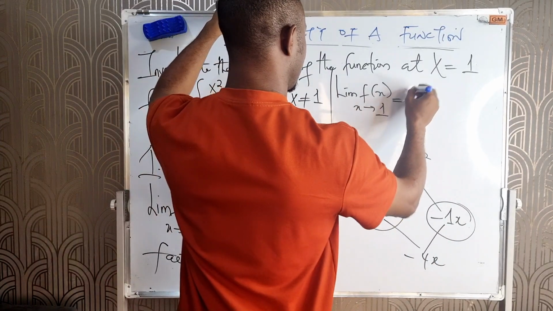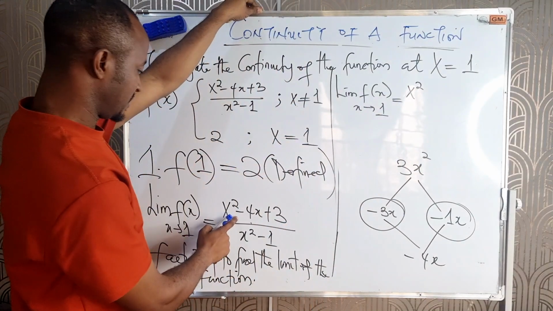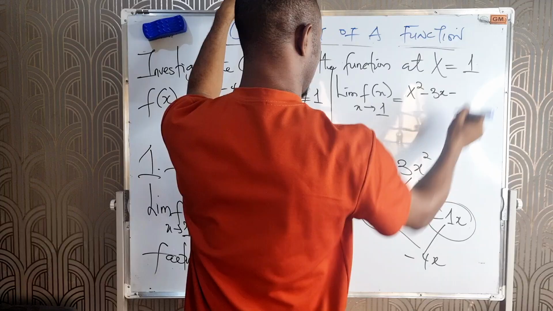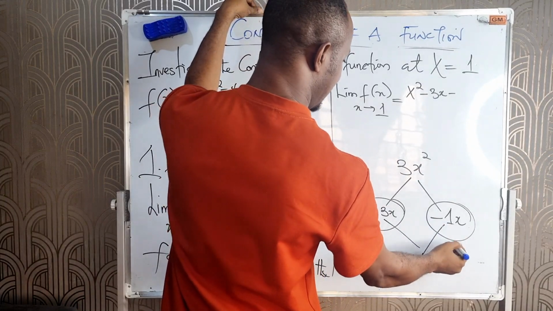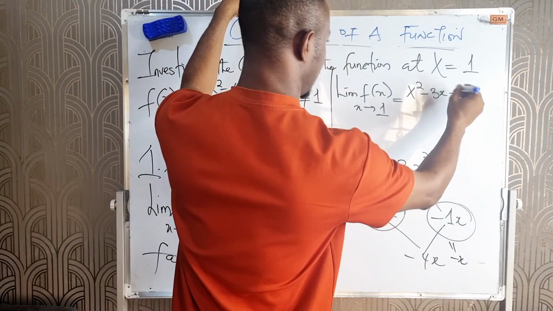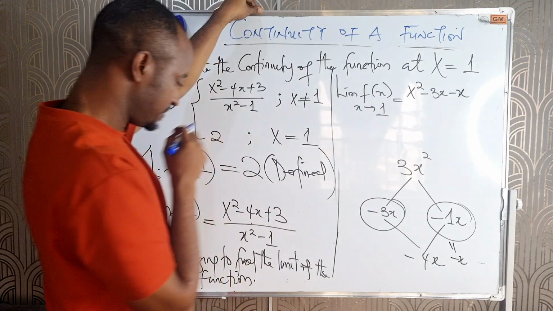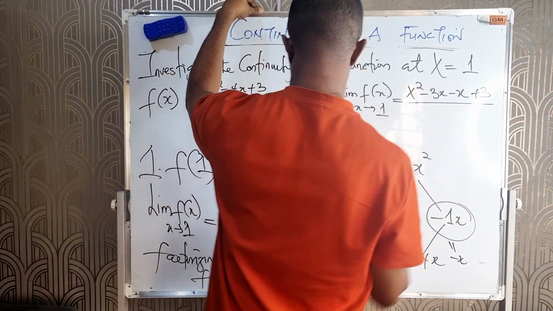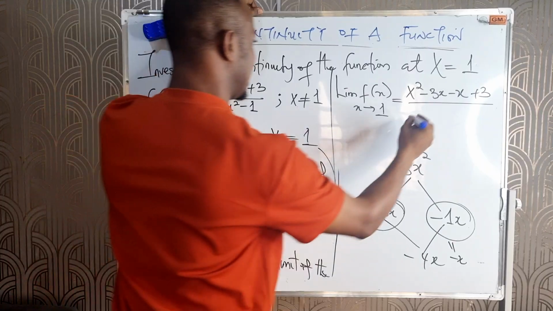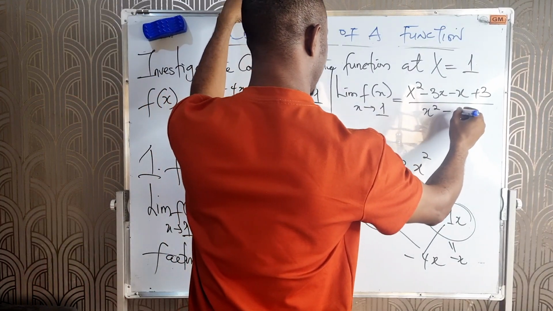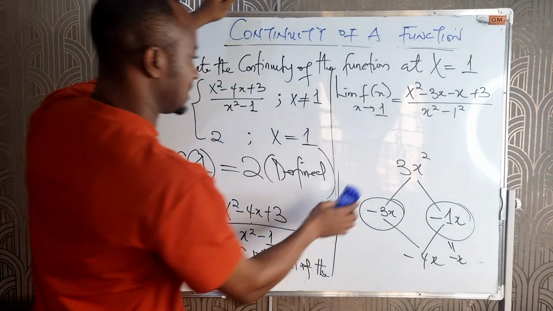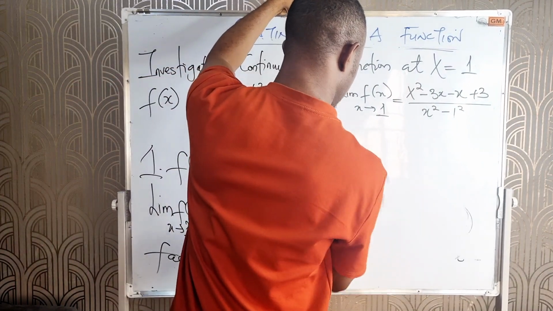And that will give us x squared, minus 3x, minus 1x, which is the same as minus x, plus 3, all divided by x squared minus 1 squared, right? Okay, because we are factorizing. So let's finish this up.